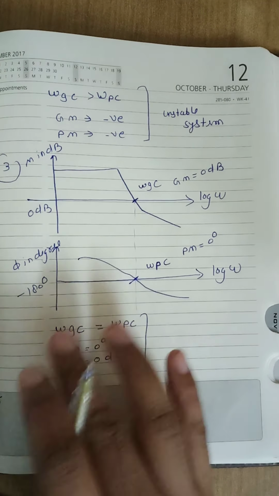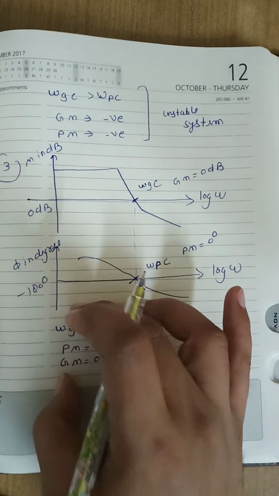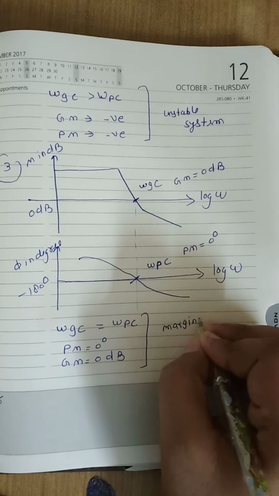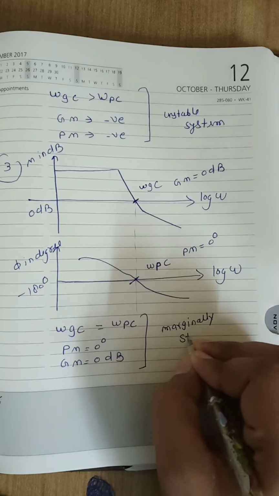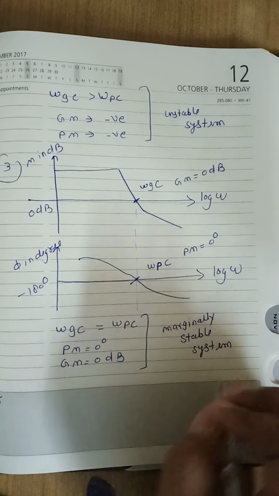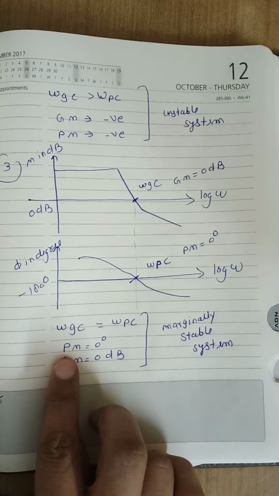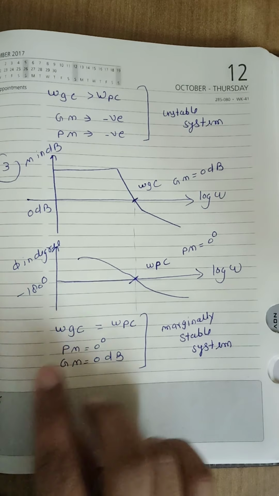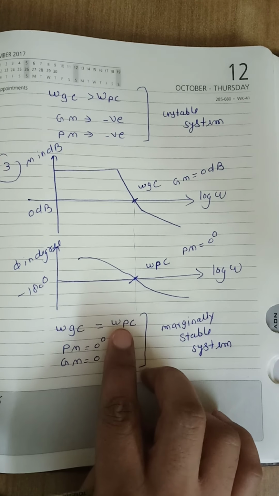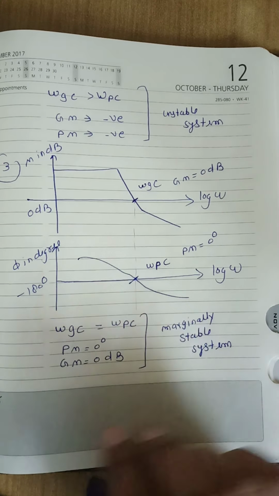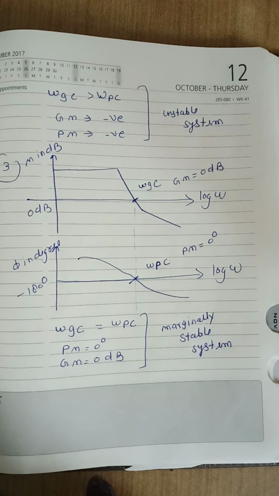This is the condition for the marginally stable system. So for a marginally stable system, we have 0 degree phase margin and 0 dB gain margin. Or if you know gain crossover frequency and phase crossover frequency, you can say if both are equal, you have a marginally stable system.